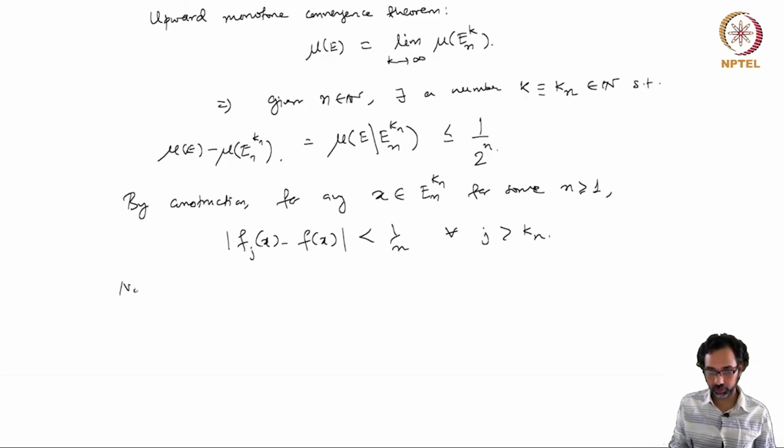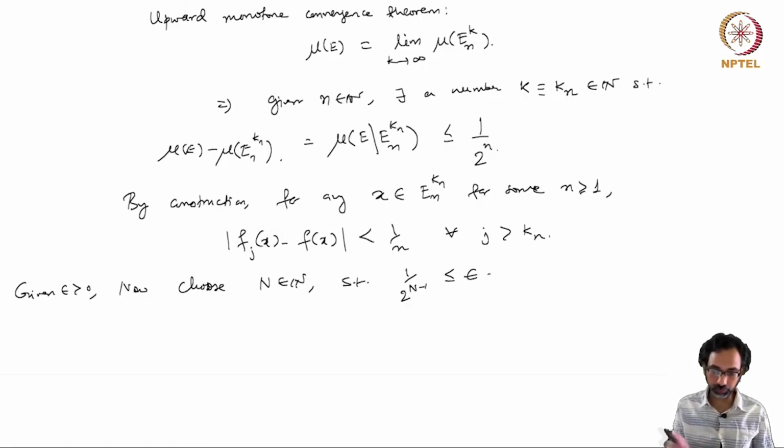Now choose capital N in the natural numbers such that 1 over 2 to the power N minus 1 is less than or equal to epsilon. So given epsilon greater than 0, we choose a natural number capital N such that 1 over 2 to the power N minus 1 is less than or equal to epsilon, and note that this is nothing but the sum from n equals N to infinity of 1 over 2 to the power n, and this is less than or equal to epsilon.